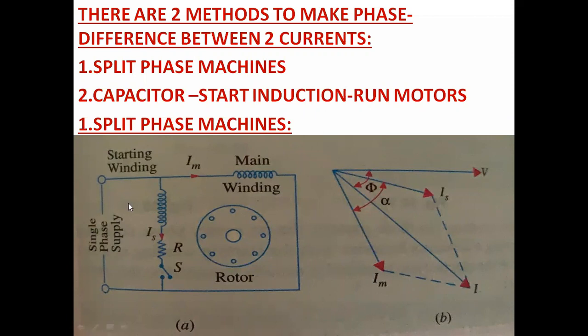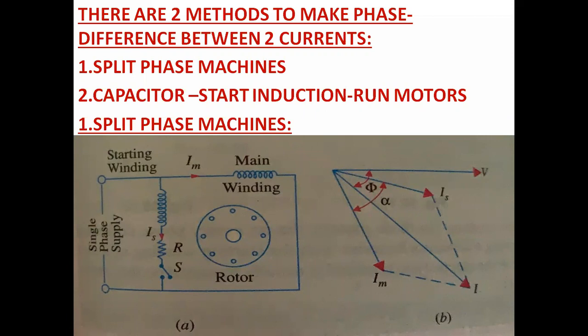The resistance of the starting winding we can still increase, either by connecting a high resistance R in series, or by choosing high resistance fine copper wire for winding purposes.